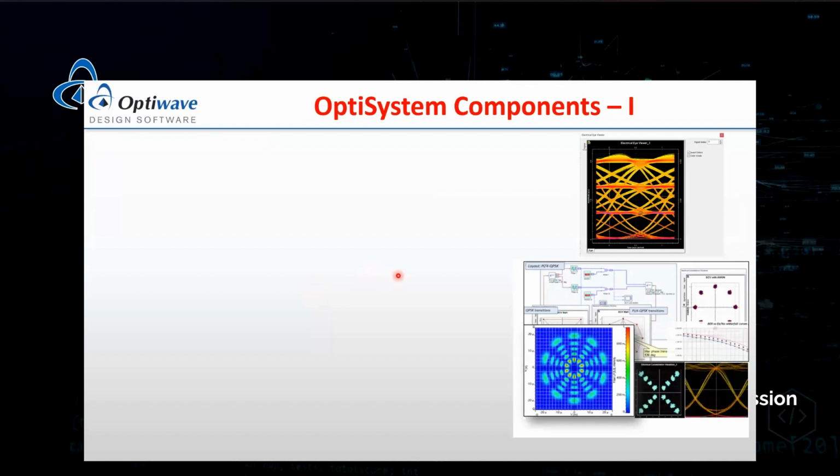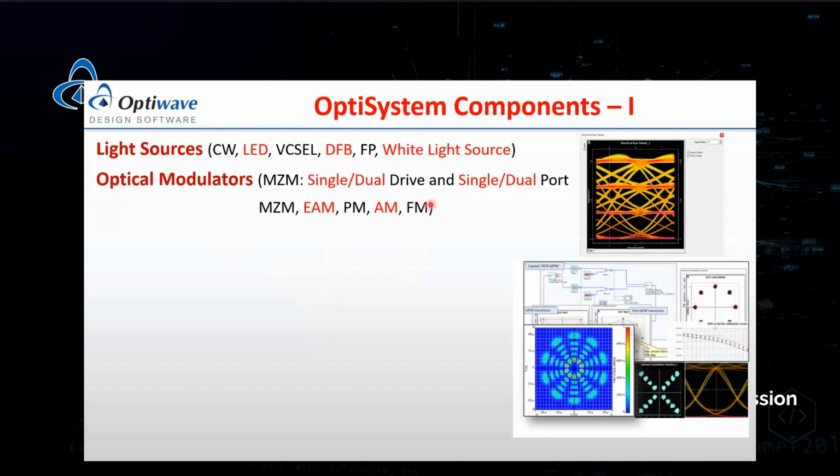In this part here, I'm going to talk quickly about the different components we support in OptiSystem software. So we have over 580 components, which include light sources like CW lasers, LEDs, VCSELs, DFB lasers, Fabry-Perot, white light sources.